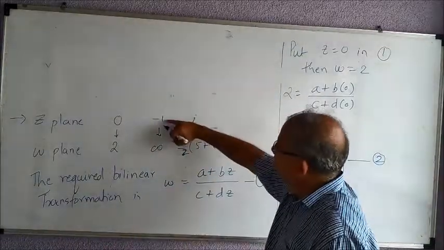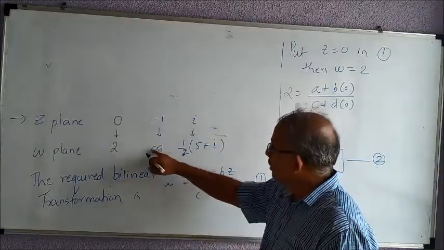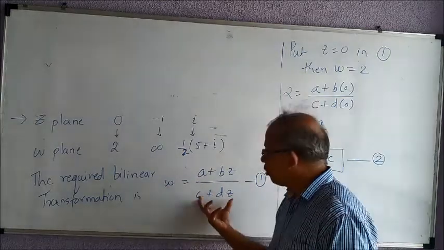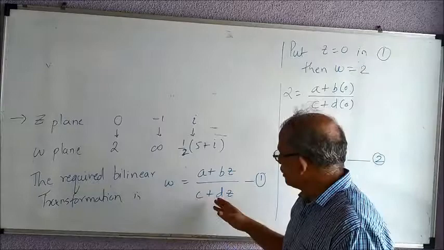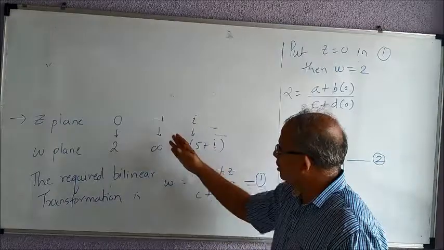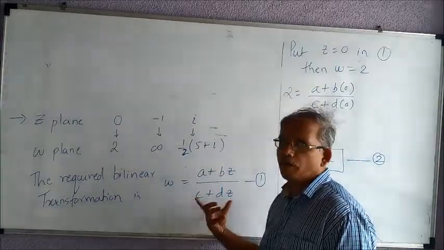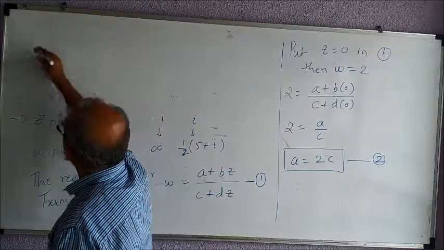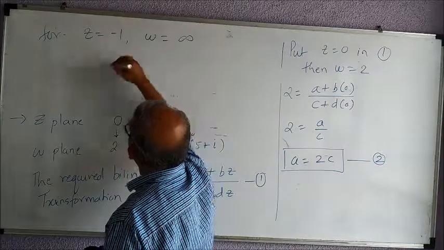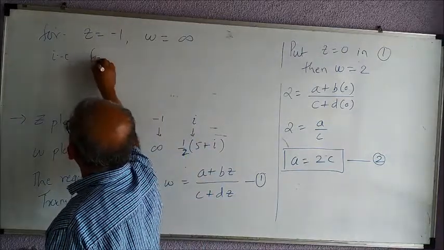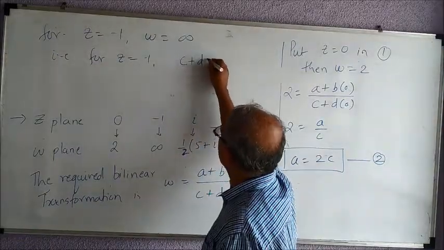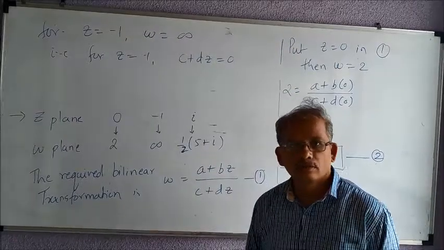Now if I put Z equal to -1 here, I must get W to be infinity. Now see, W will be infinity when the denominator is equal to 0. So instead of putting Z as -1 in the entire thing, we can only put it in the denominator. So for Z equal to -1, W equal to infinity, that is, C plus DZ will be 0, isn't it?